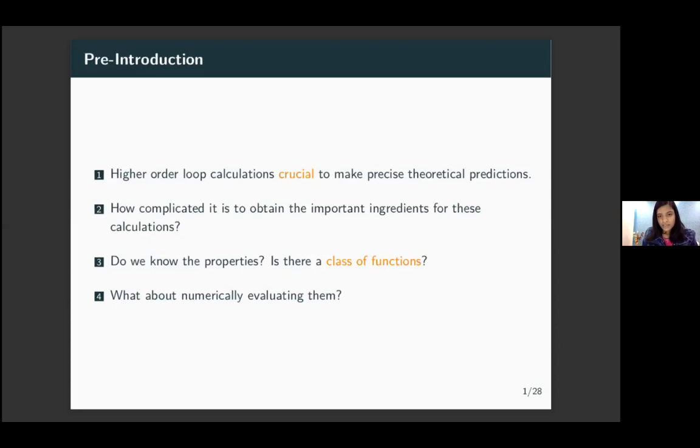And I will try to ask the question, do we know the properties of these ingredients? For example, is there a class of functions which we know about? And last but not the least, how easy is it to numerically evaluate these ingredients? Because after all, that's very important to do all the checks, because it's like a black box. Unless you can check it, it's not verified.